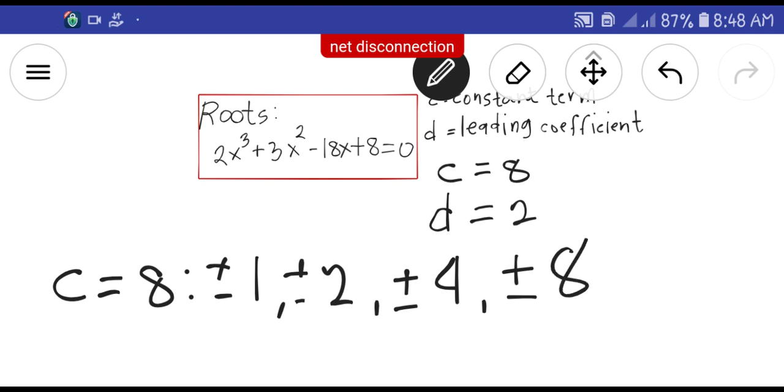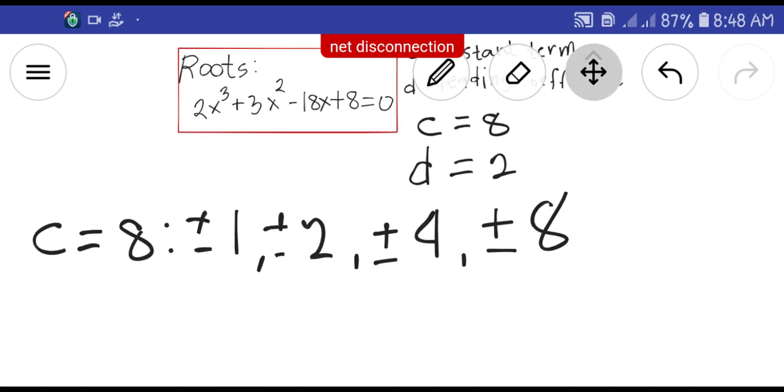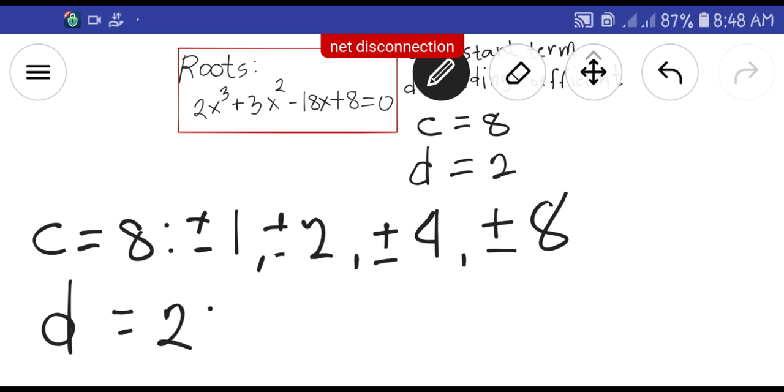Next, you need to get only the positive factors of your leading coefficient D, which is 2, and that is positive 1 and positive 2.